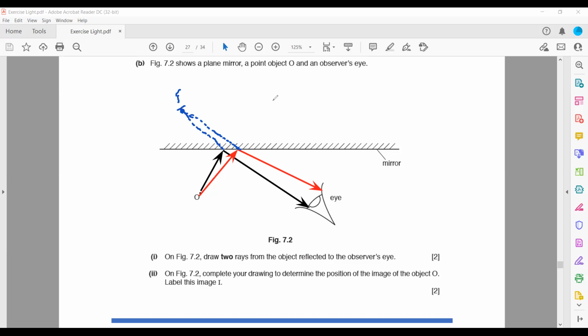And keep one thing in mind: the object distance and image distance should always be the same in a plane mirror. So to make it simple, if the object is 2 centimeter from the mirror, you draw the image also at a distance of 2 centimeter.